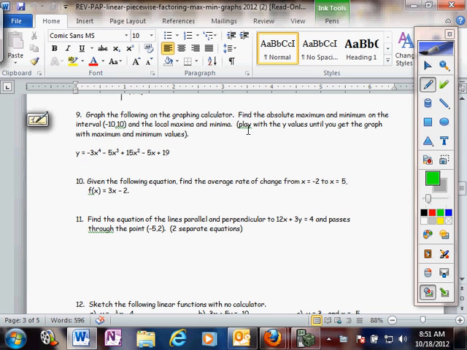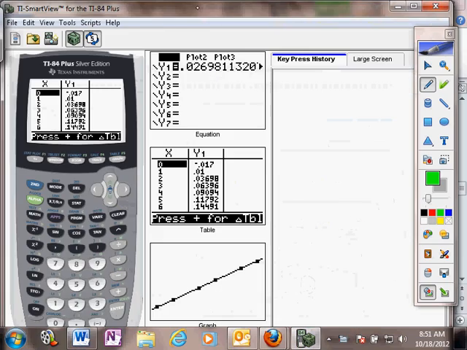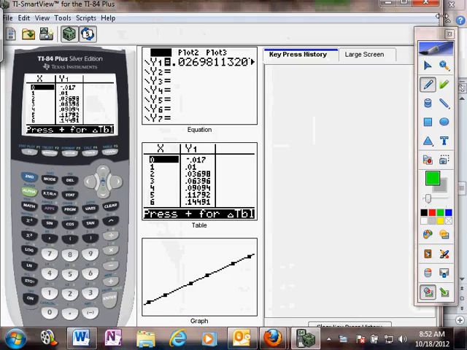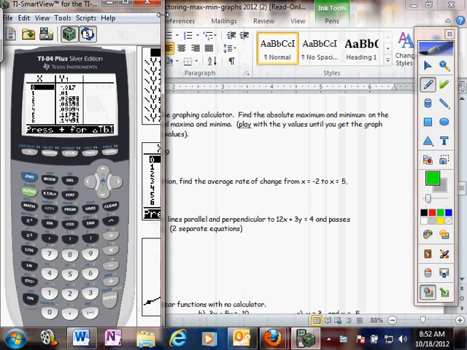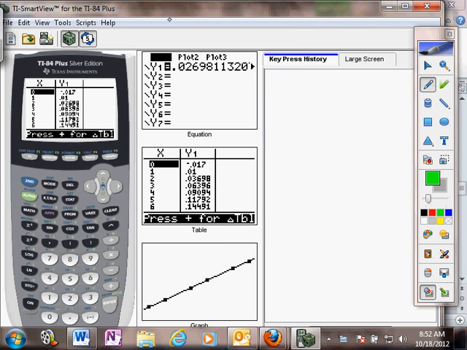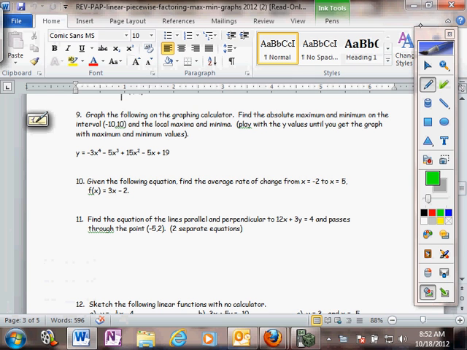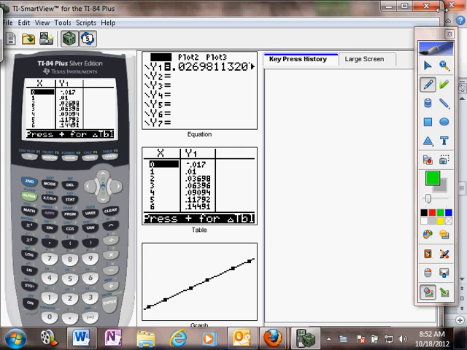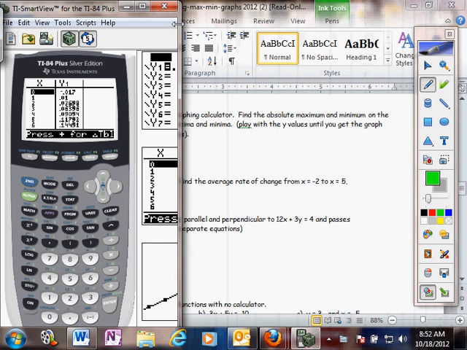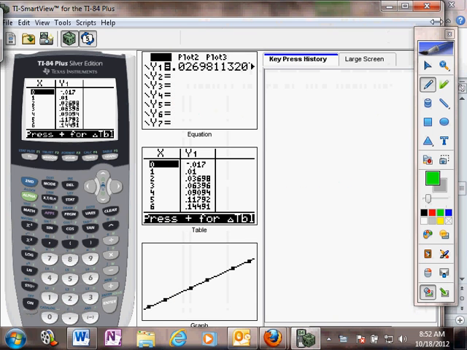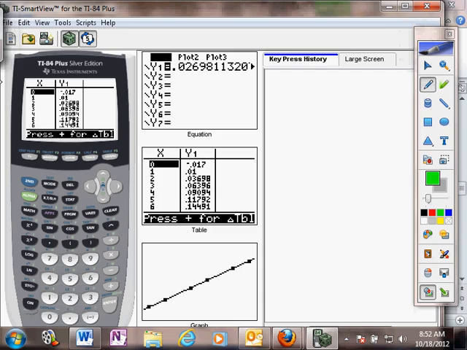Number 9, graph the following on a graphing calculator and find the absolute maximum and minimum on the interval from -10 to 10. We do need to talk about this quickly. Bring my calculator up. Okay.